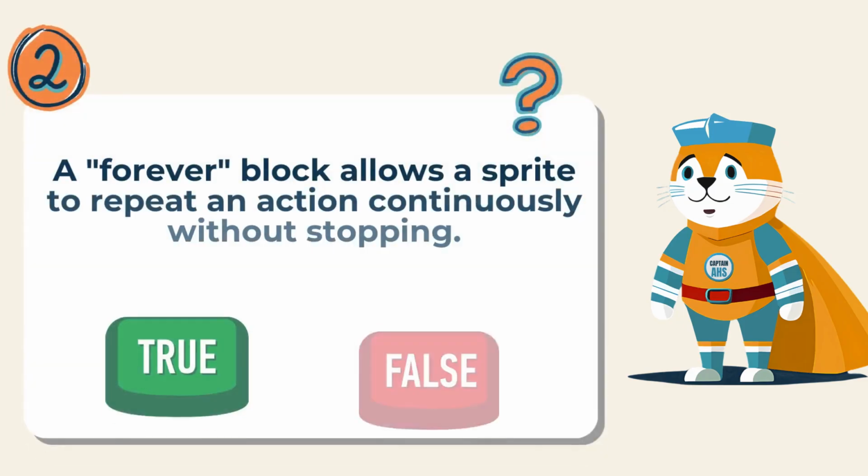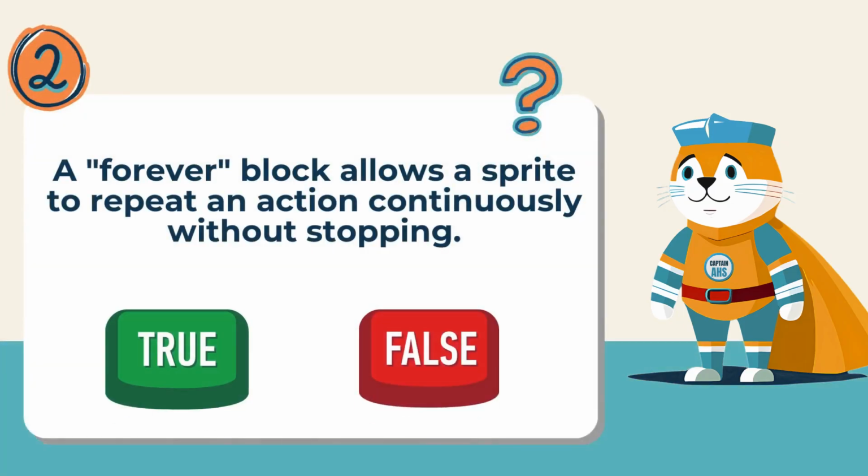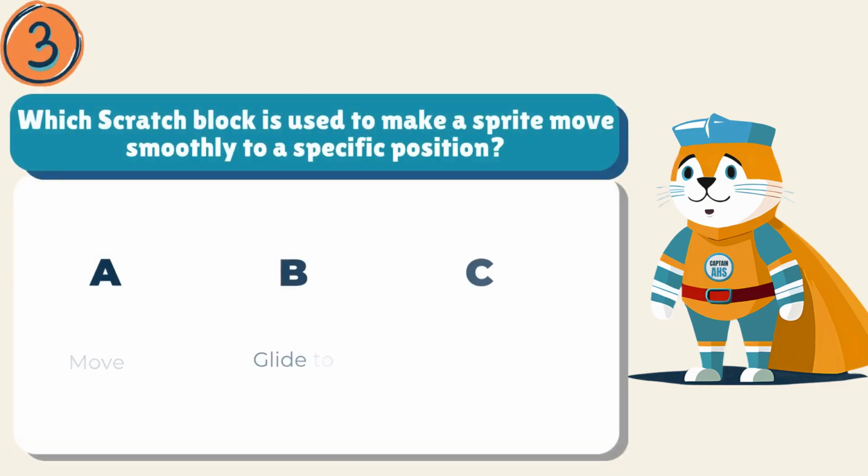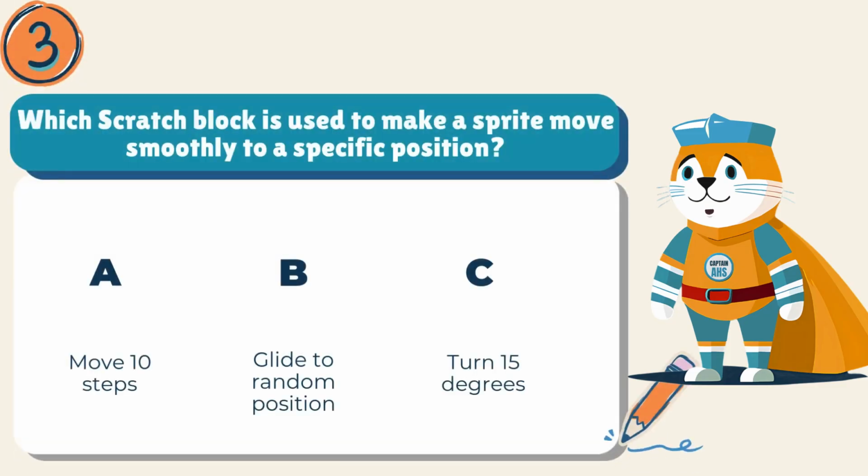A forever block allows a sprite to repeat an action continuously without stopping. True or false? True! Which Scratch block is used to make a sprite move smoothly to a specific position?